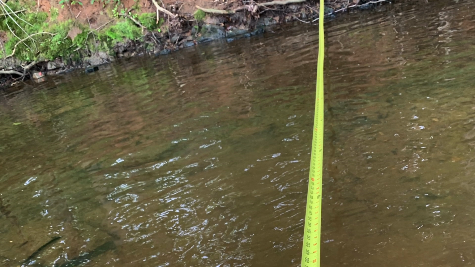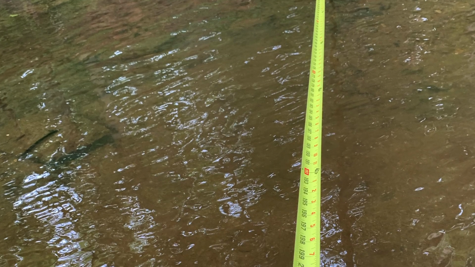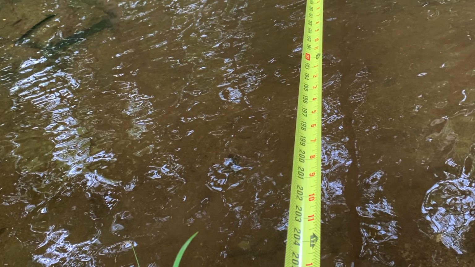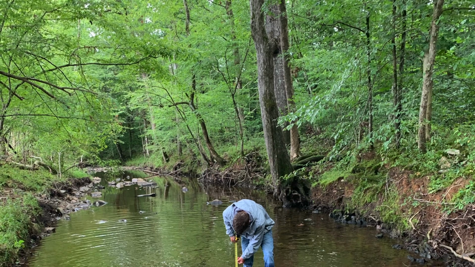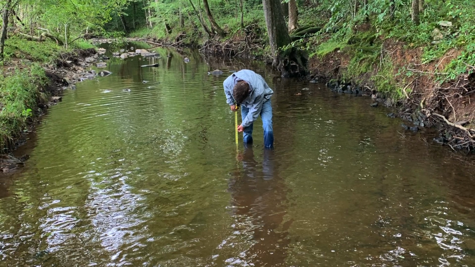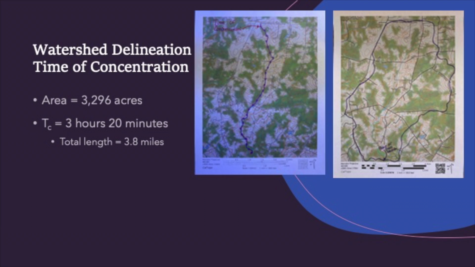Here are a couple more images of the creek that I analyzed. The first image is getting the top width of the creek, and the second image is me getting the depth of the creek.